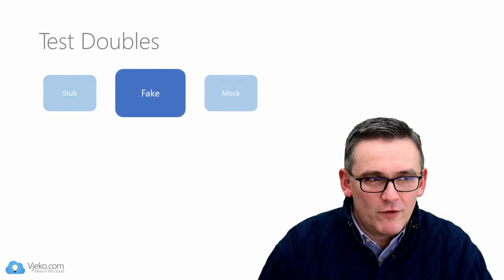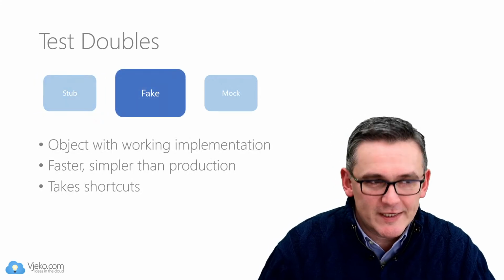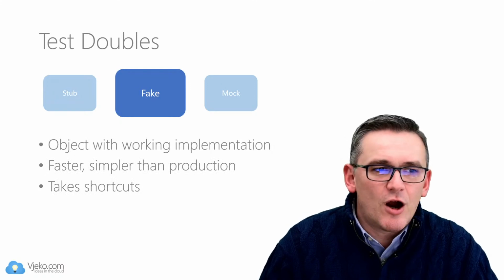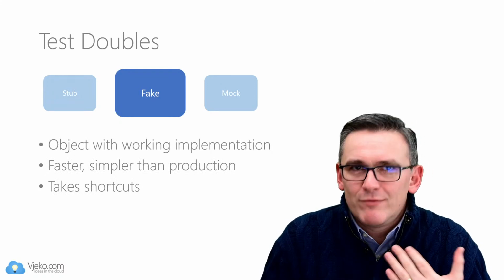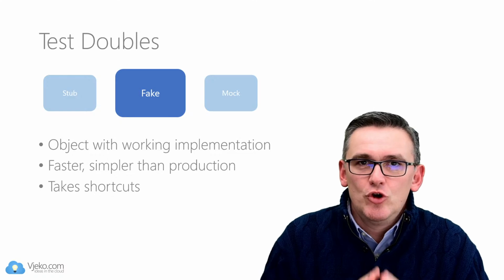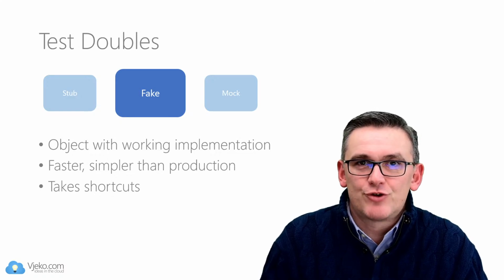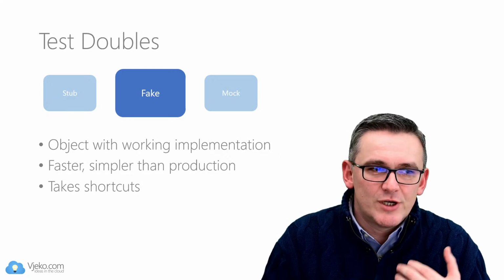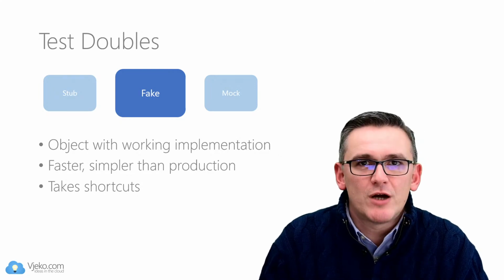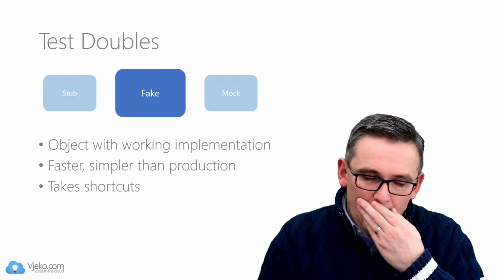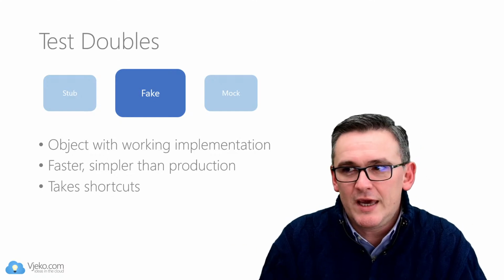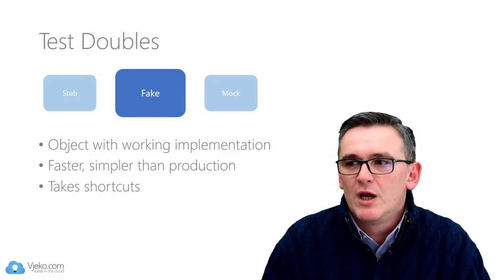The other kind of test doubles is called fakes. Fakes are actually objects which have a working implementation. So they do perform whatever their actual production counterpart does. It's just faster, simpler than in production. It often takes shortcuts. An example could be, in my case here, with currency conversion.